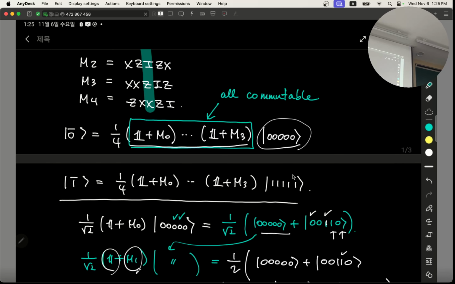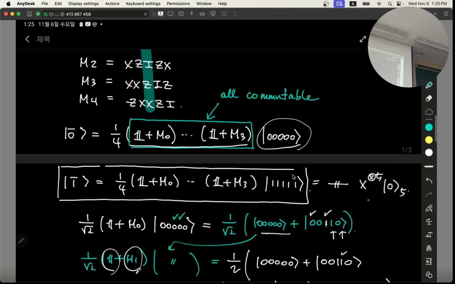So we have these. What happens here is we apply the same gate here to the state where we apply 5 X gates on 0 states, right?